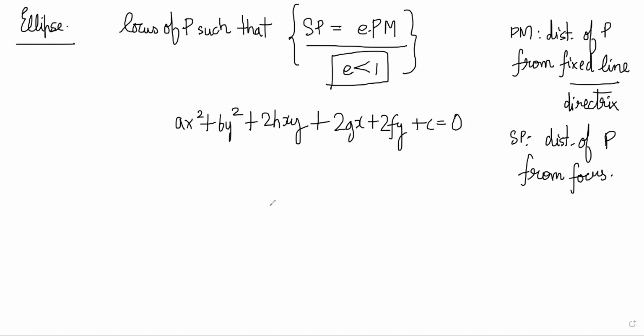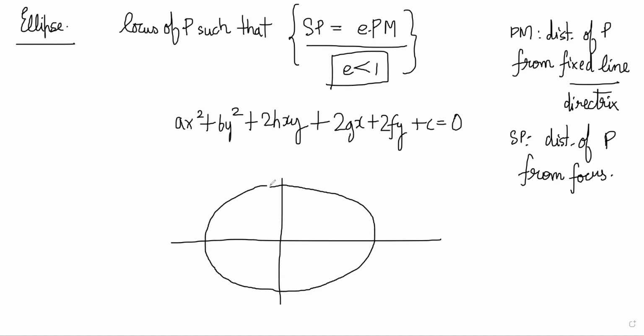But if you take a special case, you might get a situation like this where these are your points. The lines are x is equal to a by e and x is equal to minus a by e. These are the two directrices and the points are here.